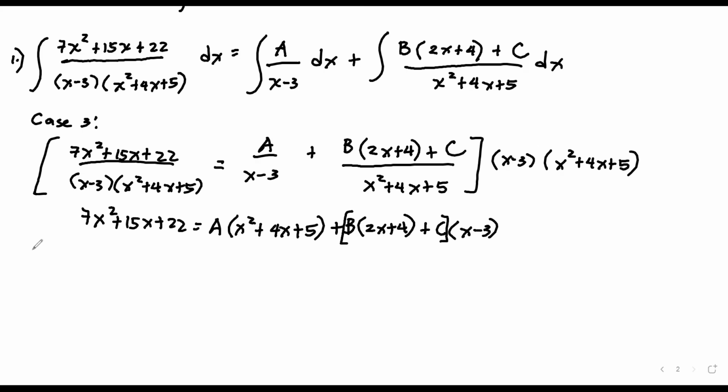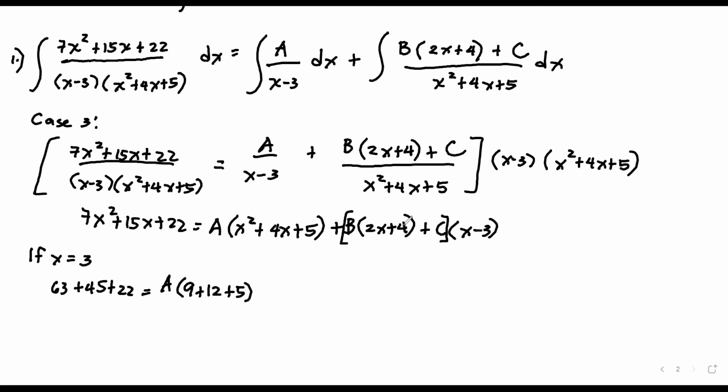So therefore, if x is 3, 3 squared, 9 times 7, 63, plus 15 times 3, 45, plus 22, equals a times 3 squared is 9, plus 4 times 3, 12, plus 5.